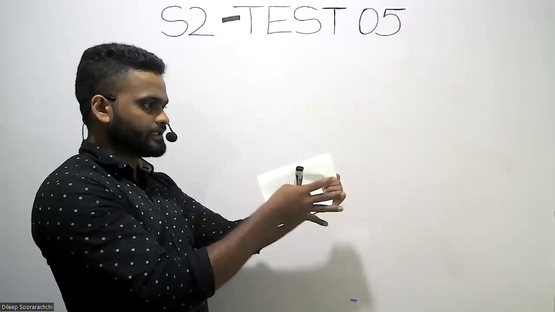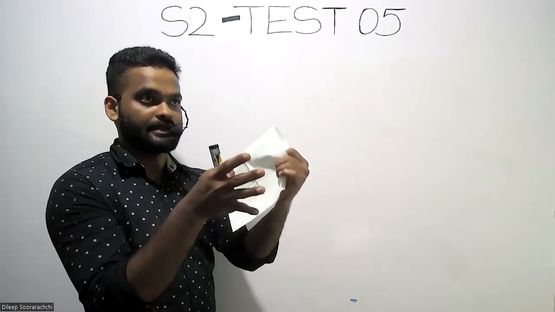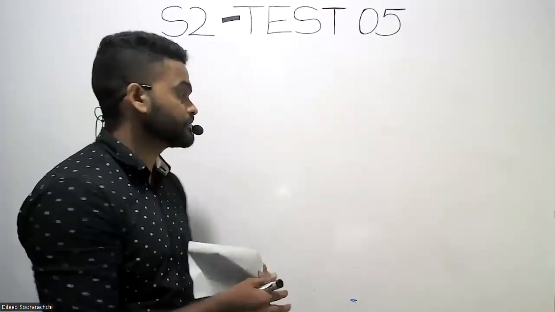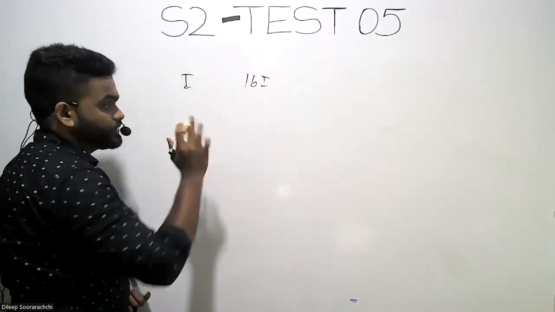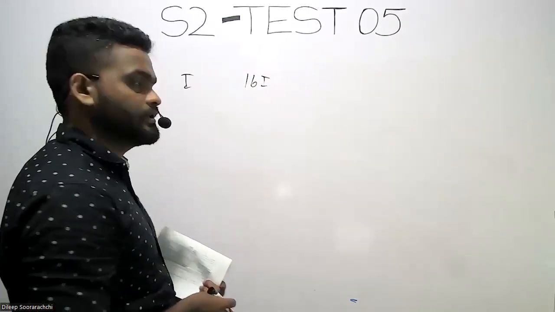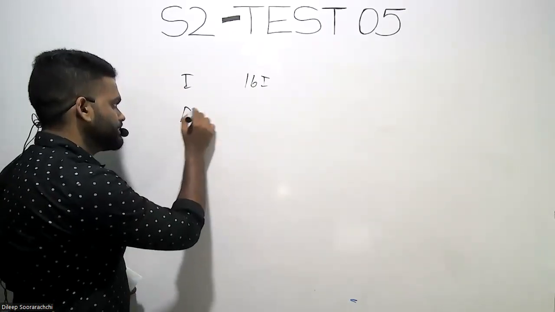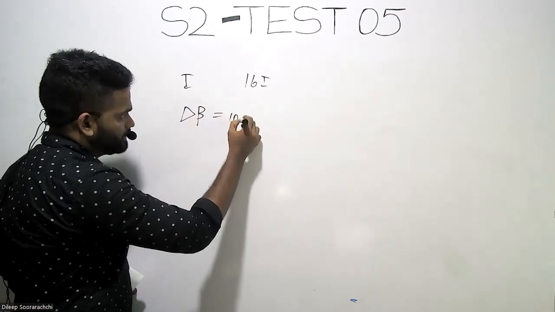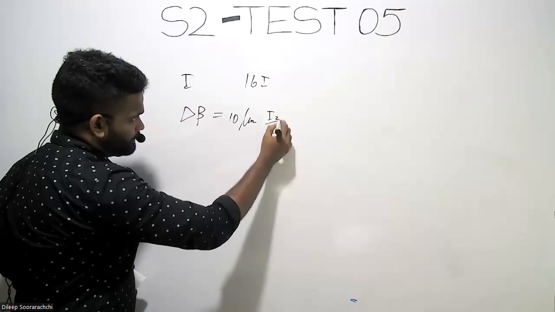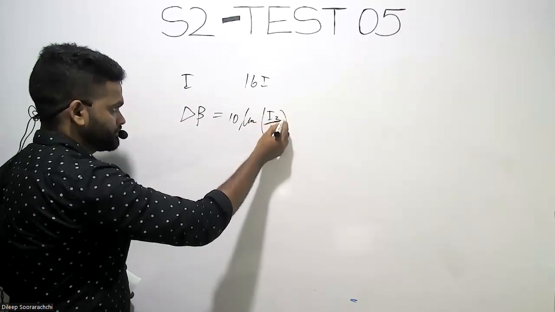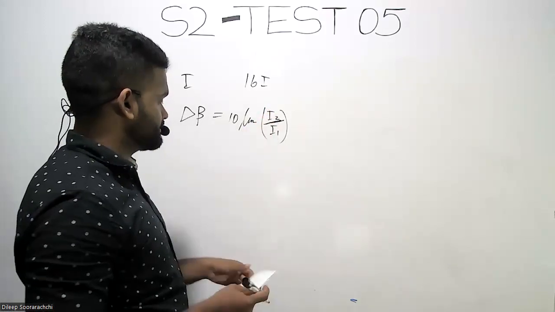So if one violin creates intensity I, 16 violins create intensity 16I. I and 16I. So these are the two things you have to compare. Whenever you have to compare, it is easy to use this equation. Delta beta 10 log I2 divided by I1. These are the intensities of the two cases.